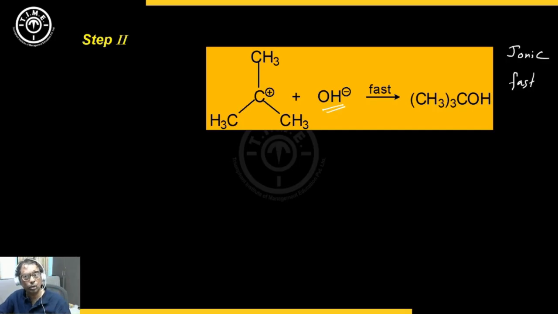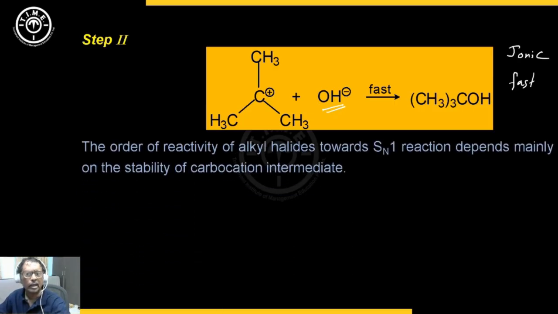In the second step there are 2 reactants, but the rate is not dependent on this. If this was a slow step, then it would have been a bimolecular reaction. But because the previous step is slow and we had only one molecule participating, it became an SN1 mechanism, unimolecular.